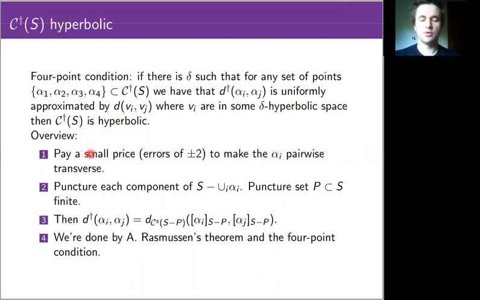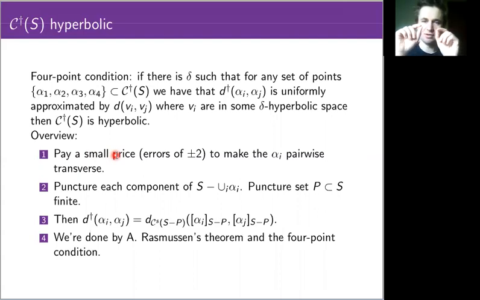First of all, we want to make sure that our curves alpha i and alpha j are pairwise transverse. So to do that, we take a curve alpha i, we move it off itself, and then we can just perturb it to ensure it's transverse with the other curves.